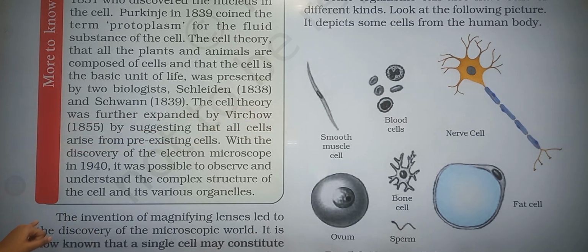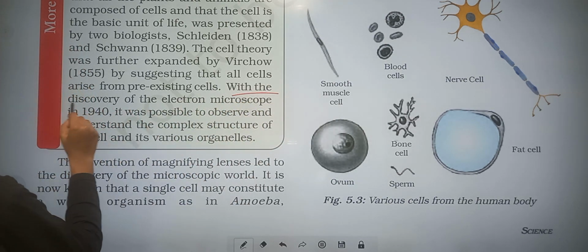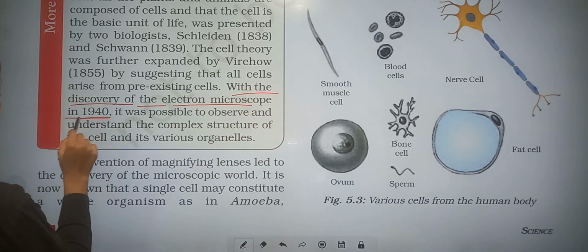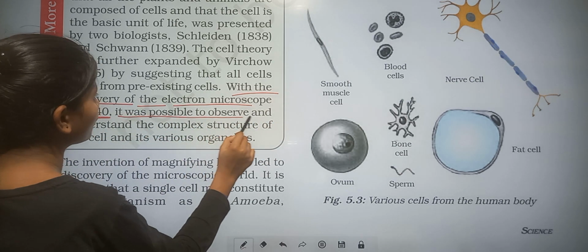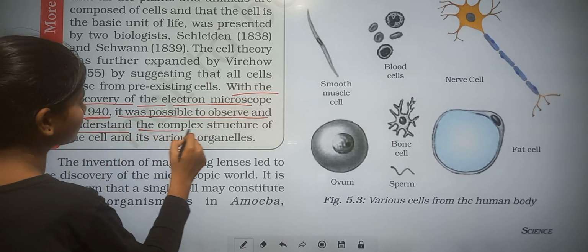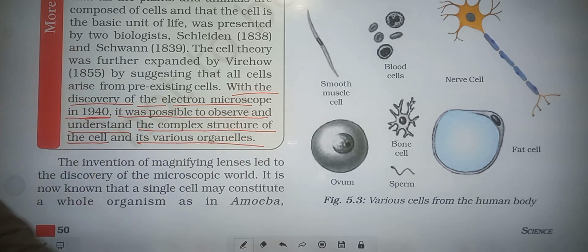With the discovery of the electron microscope in 1940, it was possible to observe and understand the complex structure of the cell and its various organelles.